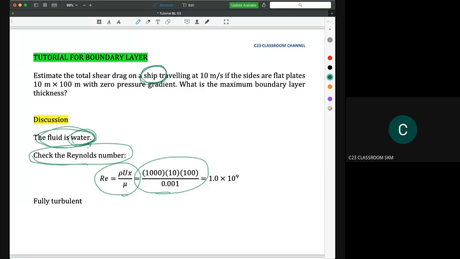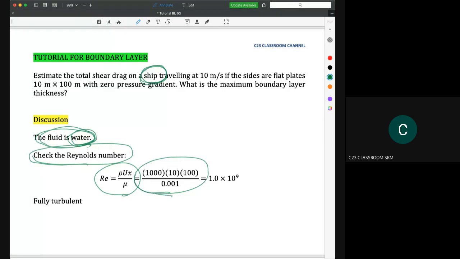You should remember the density of water, the mu of water, and also the nu of water. Normally in fluid mechanics, if we deal with a common fluid, which is water and air, the properties will not be given in the question because they are very common, and we hope you remember them.